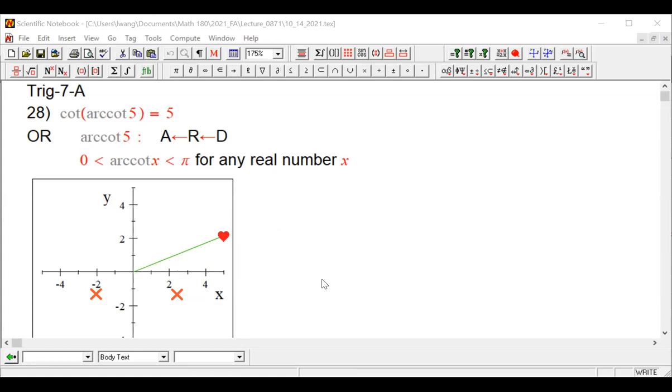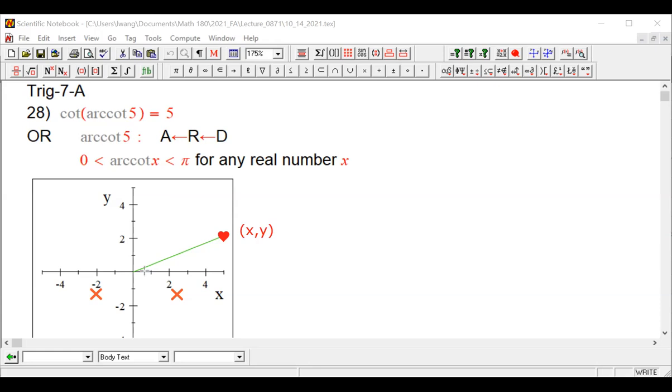Does that sound familiar? I'm quoting the definition. And this point has coordinates x, y. And what is x?